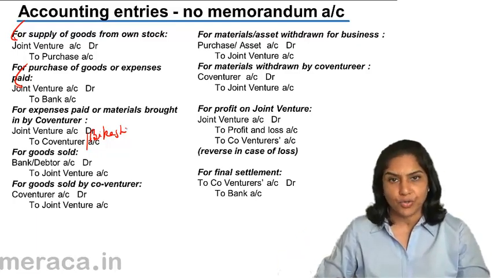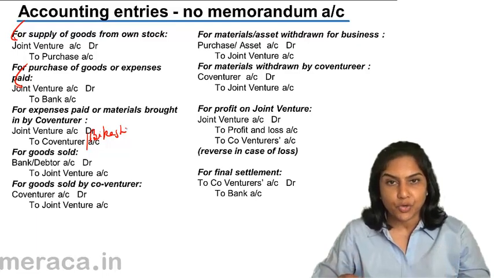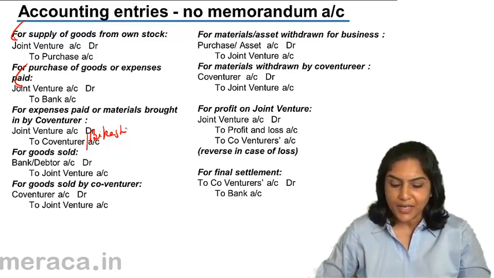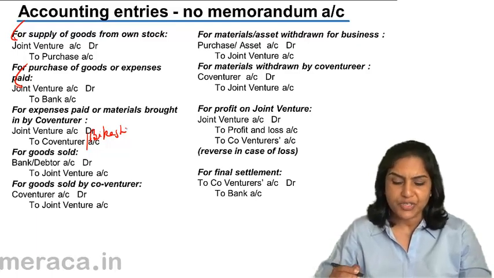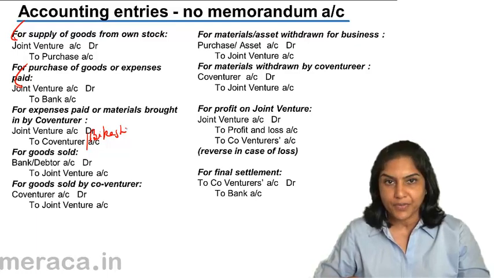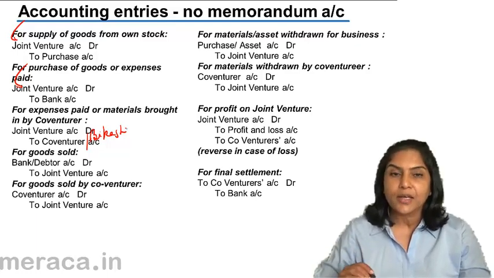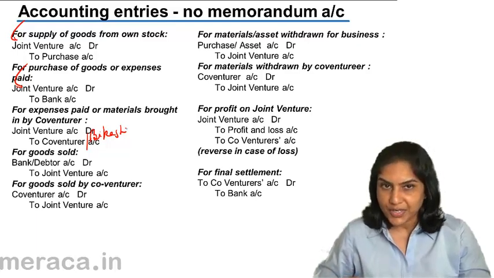When goods are sold and Akash himself is getting the money, in the books of the co-venturer receiving the money, the entry would be bank account debit to joint venture. And of course, if it is credit, you could use a debtor account debit to joint venture. Why is joint venture credited? Because it's a sale, it's an income, and therefore joint venture is credited.